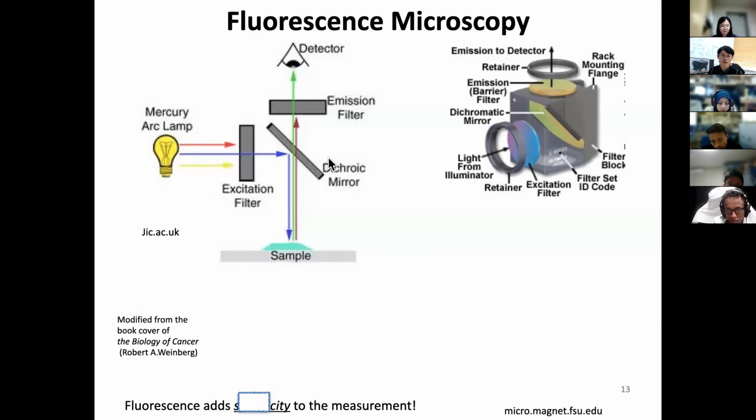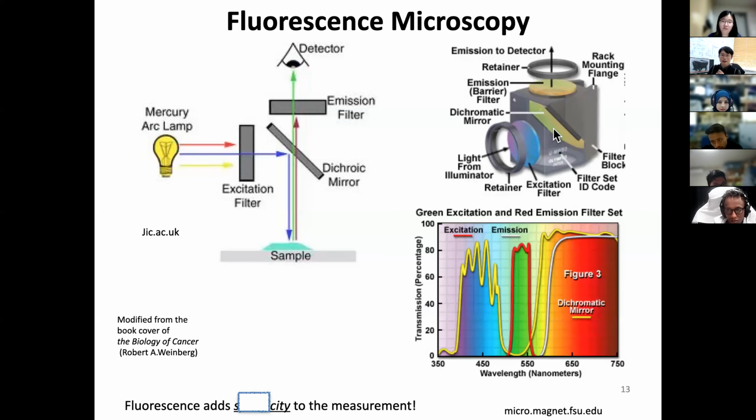How do you make it? You need a filter cube that contains these three components: excitation filter, emission or barrier filter, and dichroic. You can buy this unit, or if you are an advanced user, you can buy each of them yourself. Then you have to know how to read the transmission spectrum. For example, for the excitation filter, the red one, you choose this 480A, and then you have the dichroic, the white one.